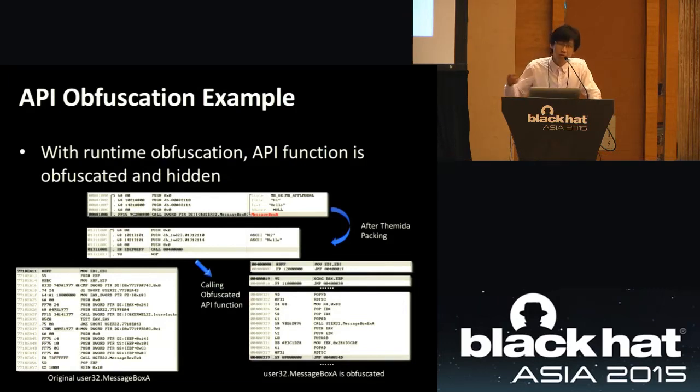The call target address changes each run. When we set a breakpoint on MessageBox, we cannot catch it because the MessageBox function itself is not executed. So we need to identify which function the running code originally belonged to.